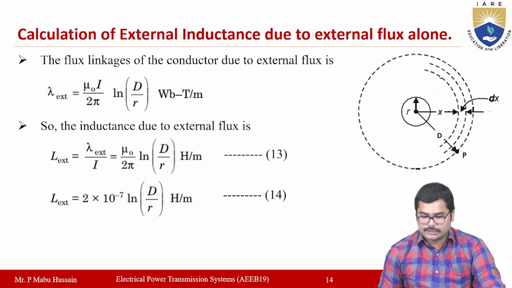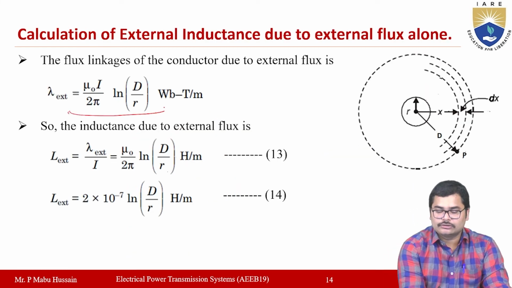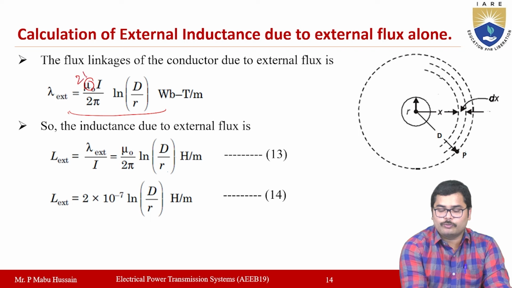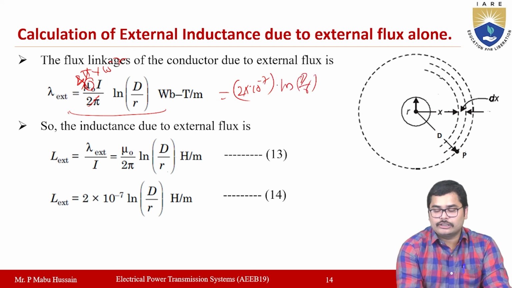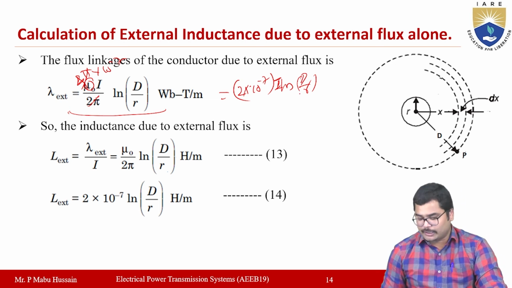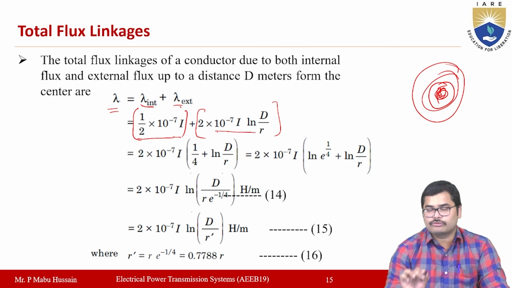So from this expression, if you substitute 2 pi into 10 power minus 7, then 4 pi into 10 power minus 7, this can be written as 2 into 10 power minus 7 ln d by r. So lambda external is equal to 2 into 10 power minus 7 I into ln d by r, which we are going to substitute here.